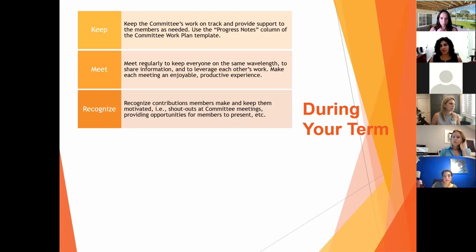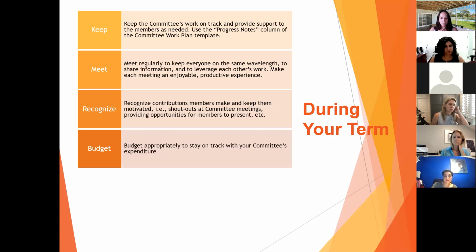At the end of the day, you have to remember we are all volunteers. People have things coming up, but definitely try to recognize if something's happening with your members. That's part of keeping in touch with them, calling them. If they're not showing up to your meetings, find out what's happening.